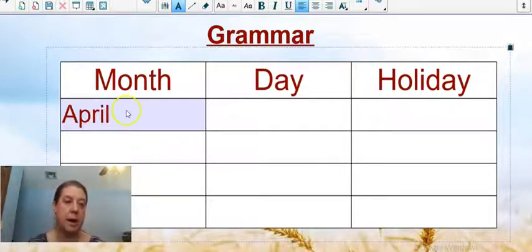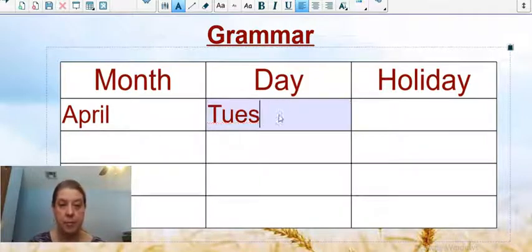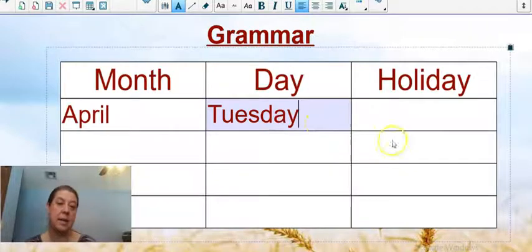If we were to write the word April anywhere, it would have to start with a capital A. And then a day of the week, let's do Tuesday. Any day of the week, when you write it, it has to start with a capital letter.